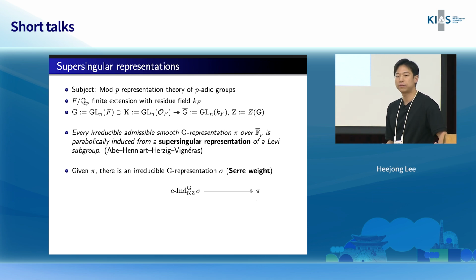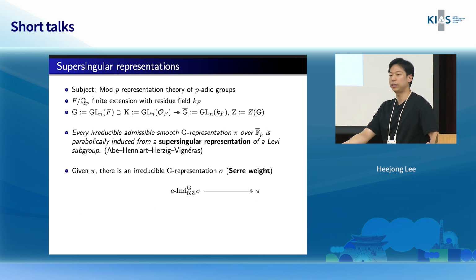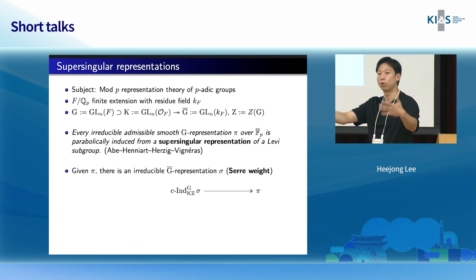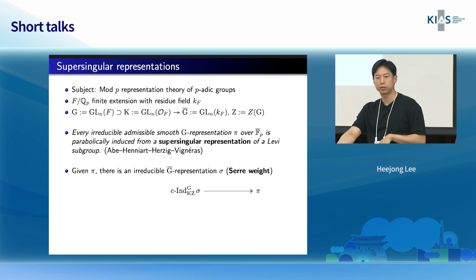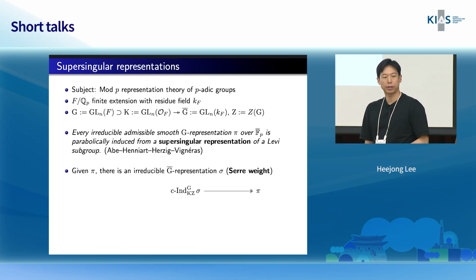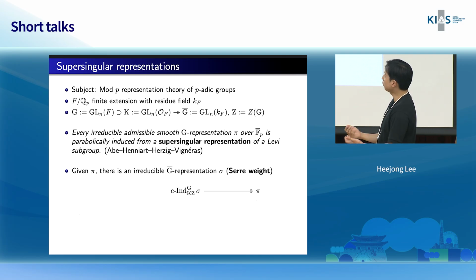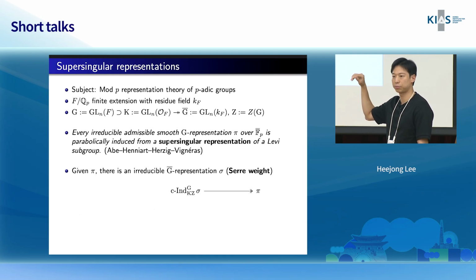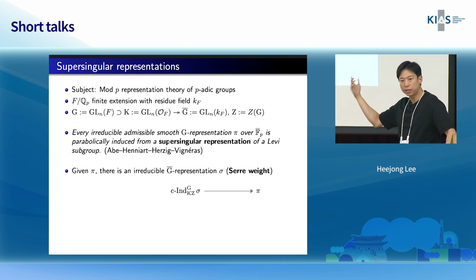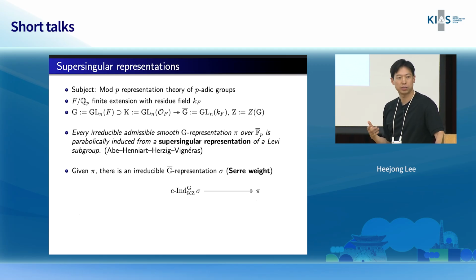But one difference is that in the complex case, you often need to consider some small open compact subgroup of G and then its finite quotient. And that's quite complicated. But here, we always just consider this G bar, the finite quotient of the maximal compact. So in that aspect, mod p theory is much simpler than the complex theory.